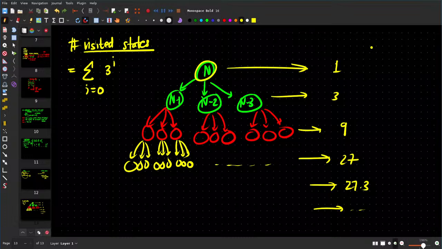And this sums up in a geometric progression.